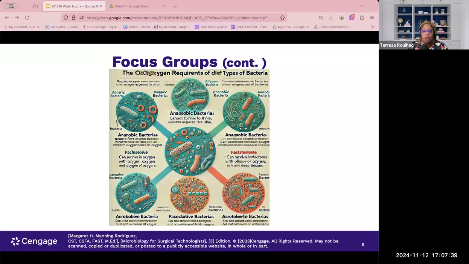Anaerobic bacteria, the ones that cannot survive in oxygen and are found in environments with little or no oxygen, like abscesses, you get those big ones, or body tissues. Anaerobic infections are common in closed wounds or areas where there's not necessarily a lot of blood flow.